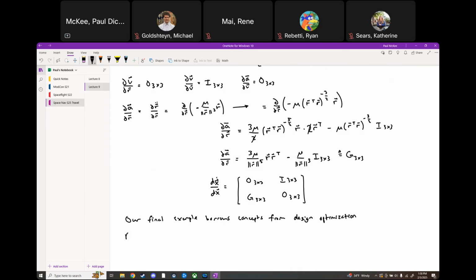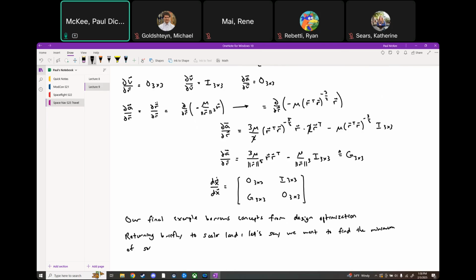So returning briefly to scalar land. Let's say we want to find the minimum of some cost function J of x is equal to x squared.